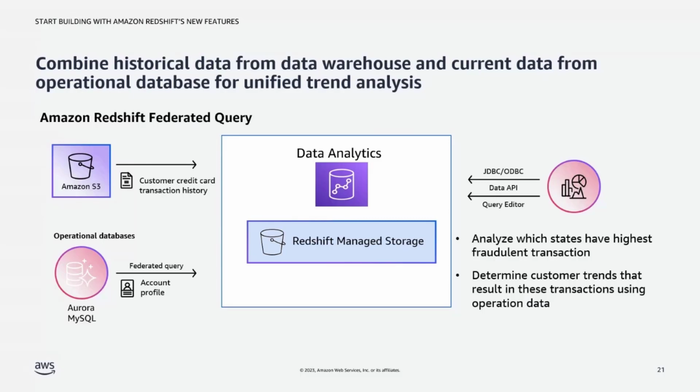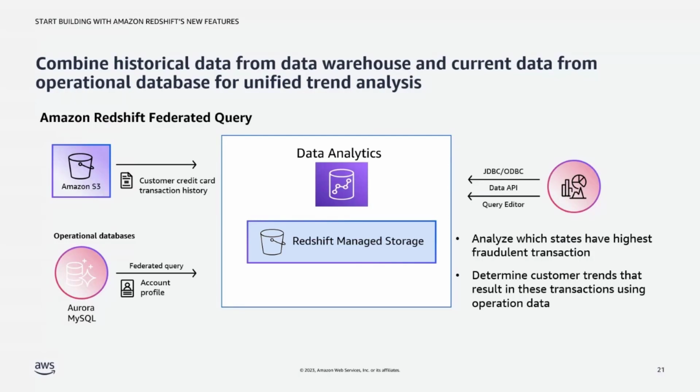But from the end user perspective, they are still connected to Amazon Redshift. Amazon Redshift parses that query and pushes down the computation to the respective data sources, joins the data, and renders the results to the end user. The end user does not need to know where this data is coming from. Amazon Redshift federated query enables this use case.